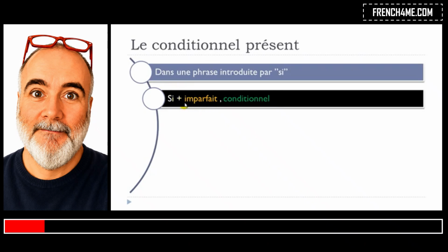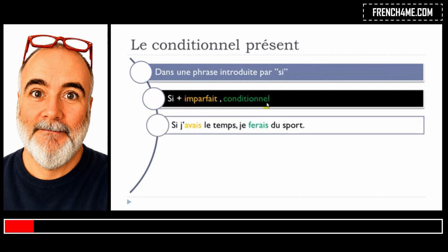We didn't see this form yet. It will come in the next unit, so no stress about that. It's just for you to know that if you want to construct this if structure, it should be followed by imparfait. Then comes le conditionnel.